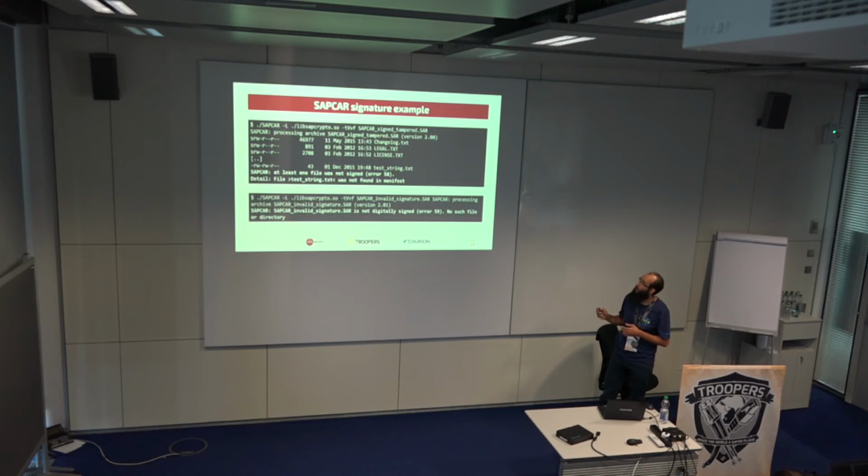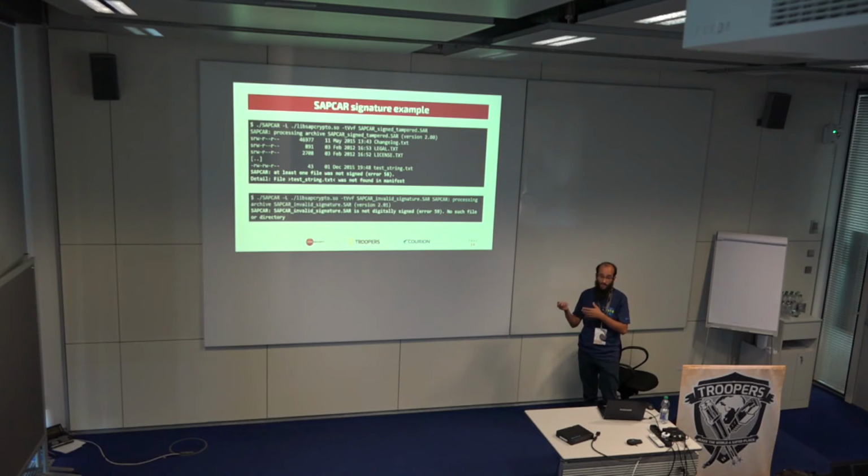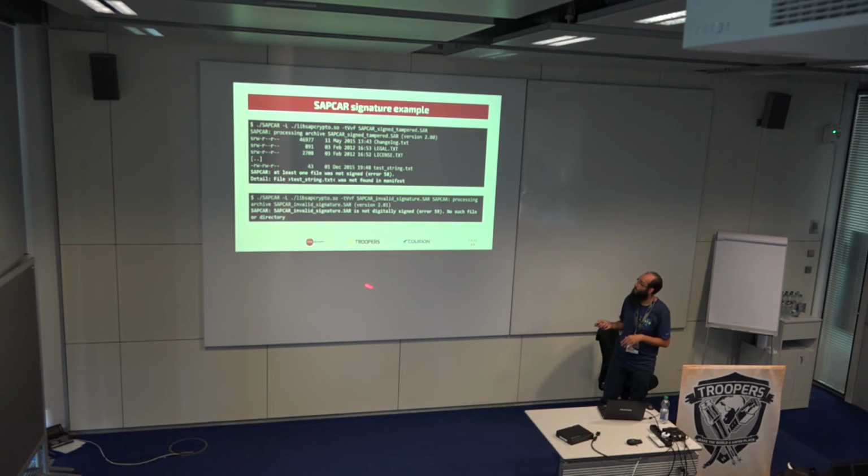And if you provide a tampered version of the same file, with some information modified, it will say that the file is not digitally signed. I mean, if you modify something without updating the signature, it will say that.